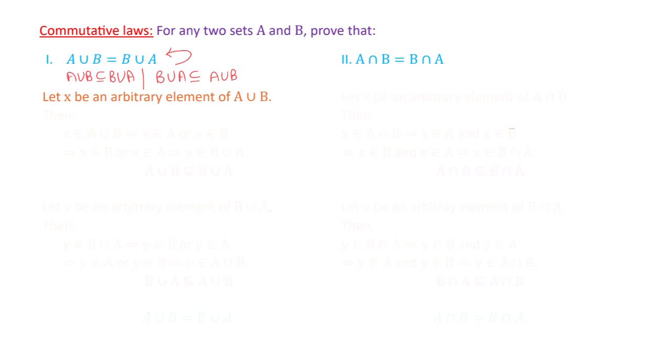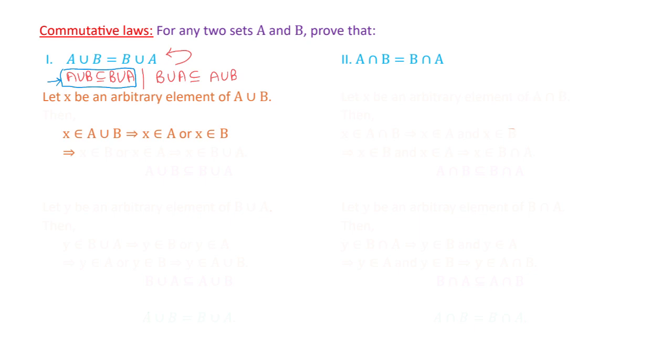Now to prove the first result, we consider an element from the set A union B, and we prove that it is present in the set B union A. Let X be an arbitrary element of A union B. Then X belongs to A union B, and this implies that X belongs to A or X belongs to B. It is union, so we are using or over here.